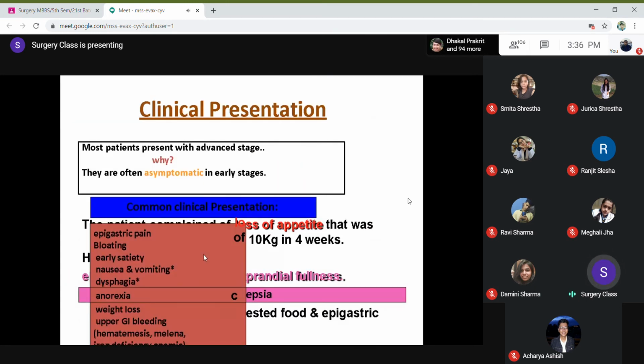The most common clinical presentation, as you can see, is epigastric pain, bloating, nausea, vomiting, early satiety, dysphagia, anorexia, and weight loss. Weight loss is one of the most common presenting symptoms of patients with any malignancy.